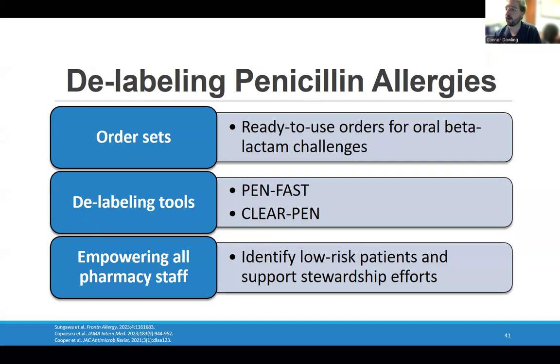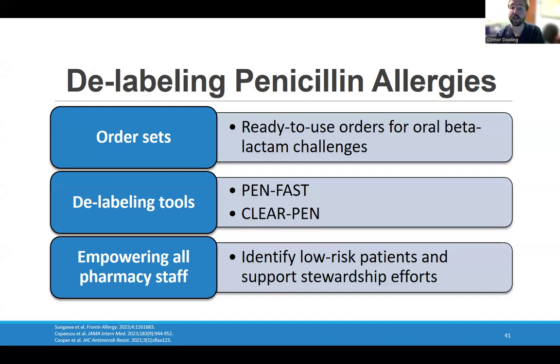This can be a ready-to-use order set for oral beta-lactam challenges that provides instructions for nurses, education points for the nurses to give to patients, as well as any allergic reaction medication management that might be necessary, like what we would give for an allergic reaction response, whether that's epinephrine, diphenhydramine, etc. This can make it an easier process for providers to implement their delabeling processes and really look to challenge patients comfortably and effectively.